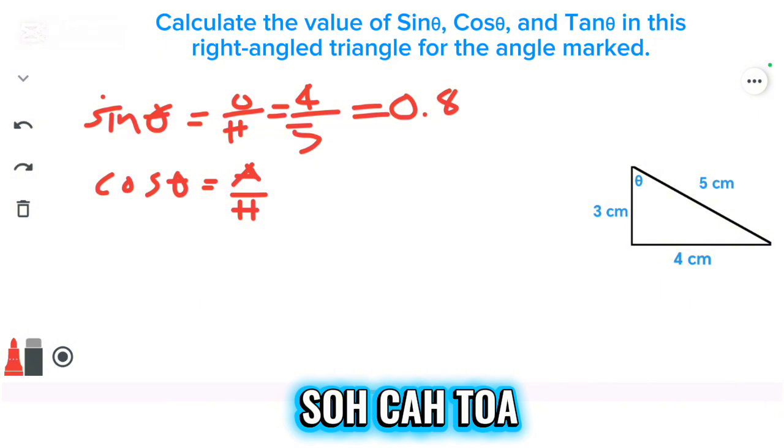So adjacent is 3 over the hypotenuse which is 5. There we go. 3 divided by 5 is equal to 0.6.